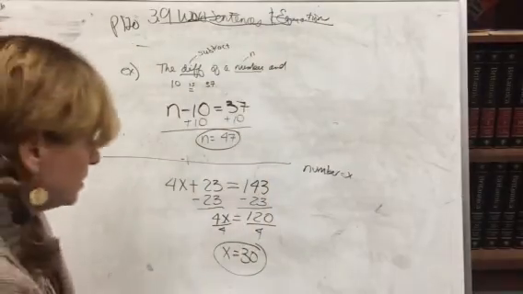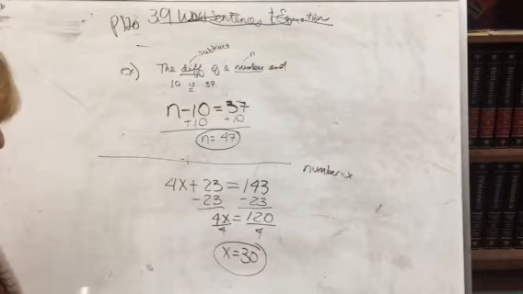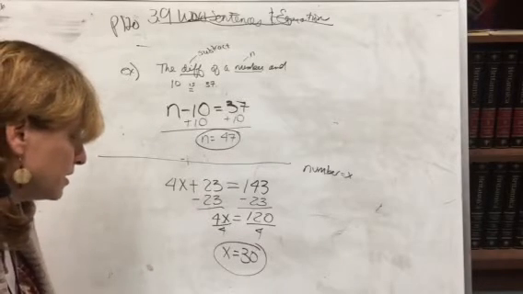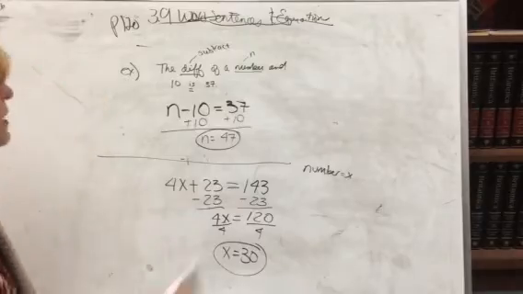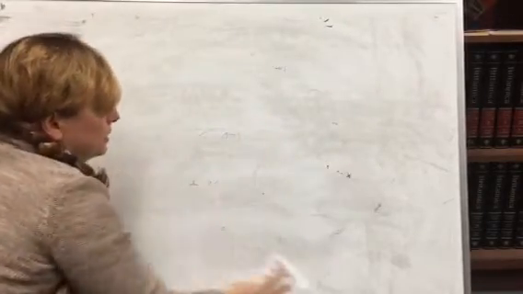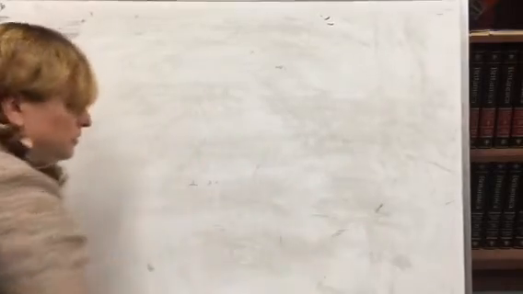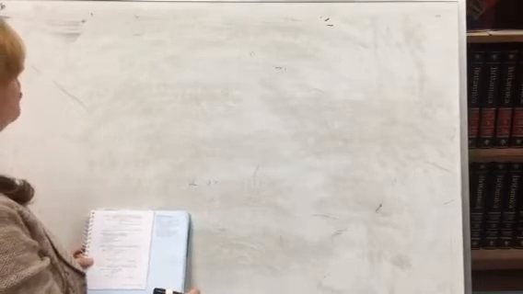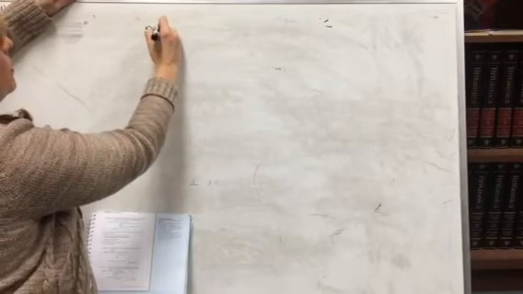The next one says: 6 subtracted from 3 times a number equals 36 decreased by 4 times the number. Find the number. That one sounds kind of confusing, but let's just break it down. 6 subtracted from 3 times a number. What are we going to call the number?